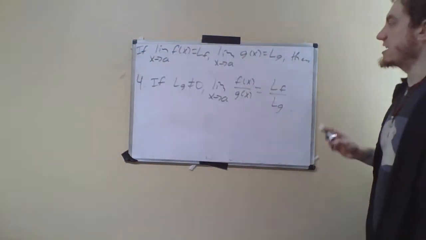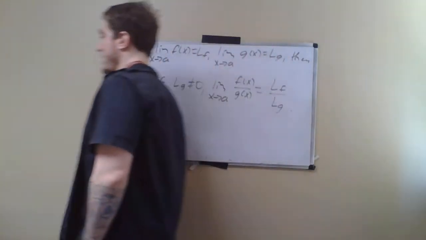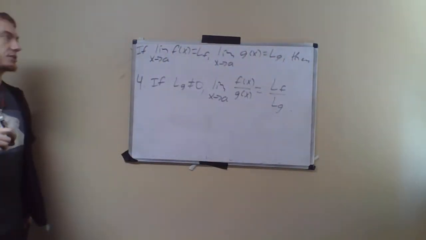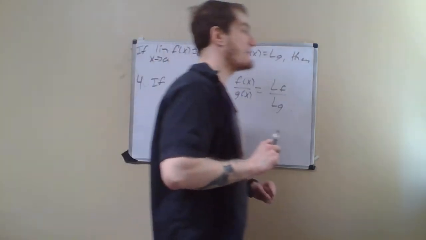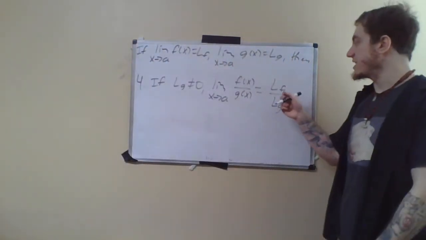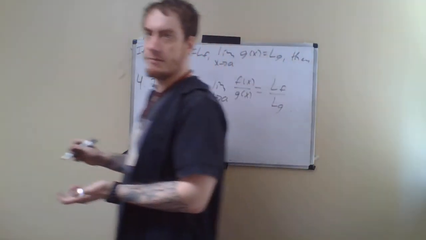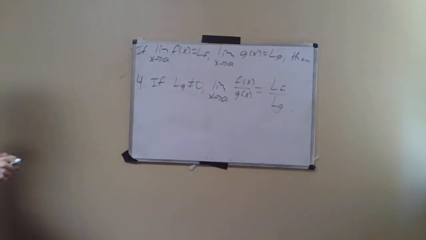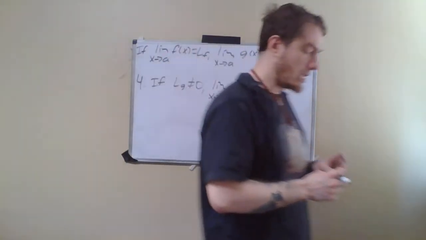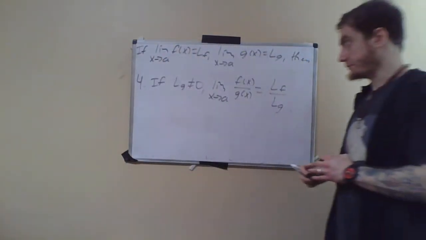Now, you have to be careful here because if the limits of both of these things are 0, then their ratio might have a limit anyway, but you can't just find it by taking 0 over 0, because 0 over 0 isn't defined. So we have a little bit of a complication there that we have to deal with.